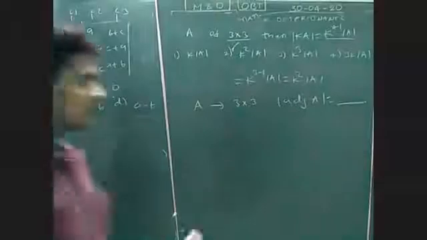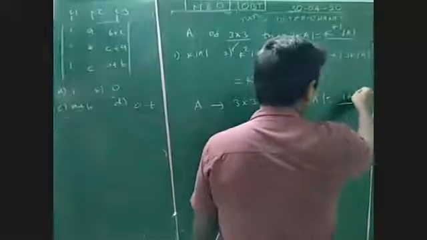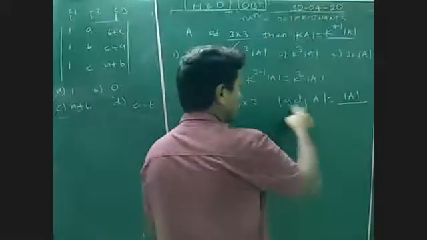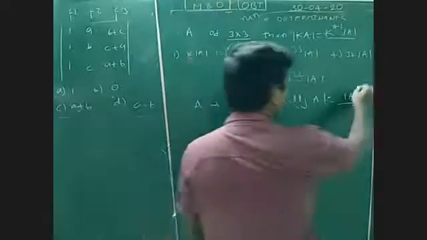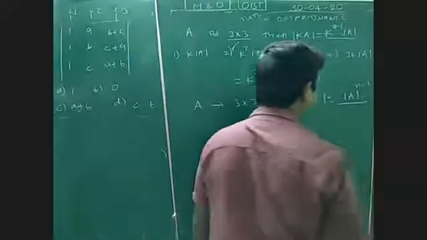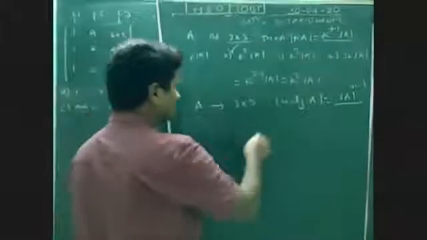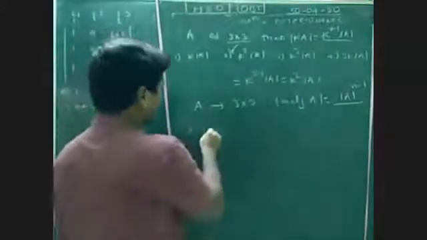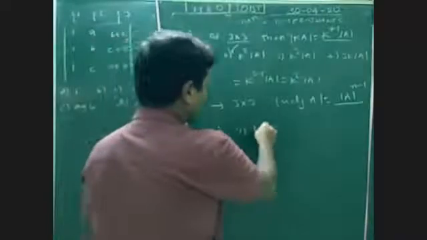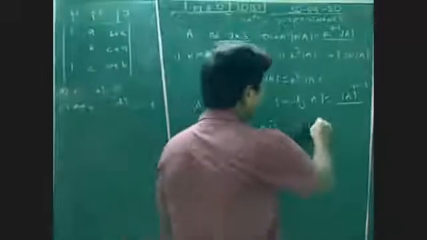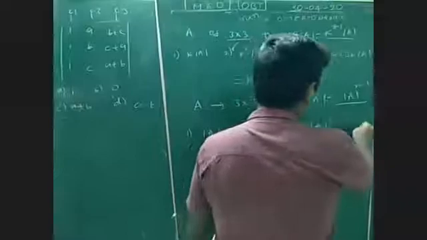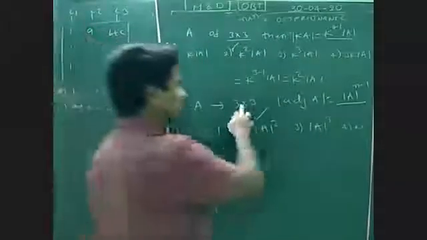I wrote the formula here. What is the formula? Det of adjoint of A is det A whole power n minus 1. From this, what is the answer? The given options are: first option det A, second option det A square, third option det A cube, fourth option none. The answer is det A square because we substitute n is equal to 3.